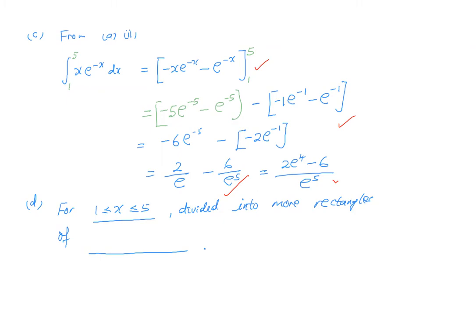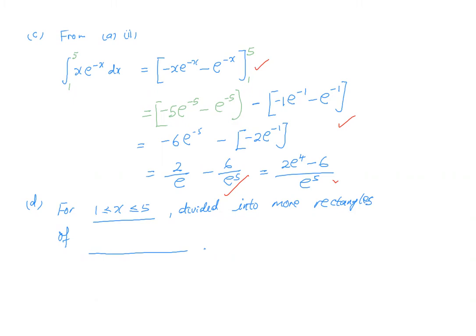Uma? The rectangles for estimation, or the interval of the rectangles. Yeah. So I have to divide into more rectangles of what? That is very important. Without the word, I won't give you correct.